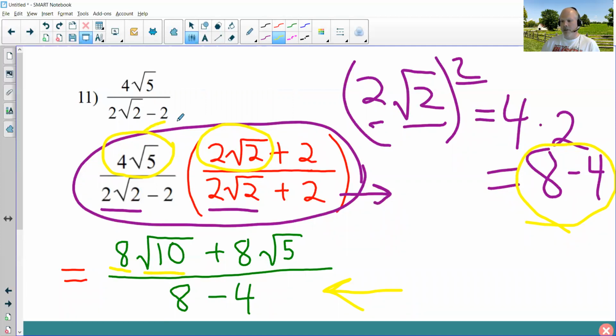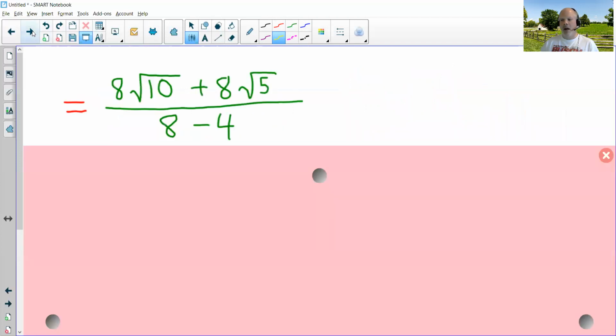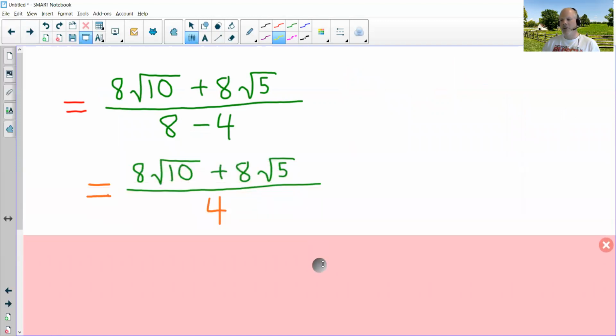So that's this term times this term, but we are distributing, so multiply it also by 2. 4 square root of 5 times 2 is 8 square root of 5. So let's carry that to the next slide. Subtract the denominators to get this. And then I have just one last step.